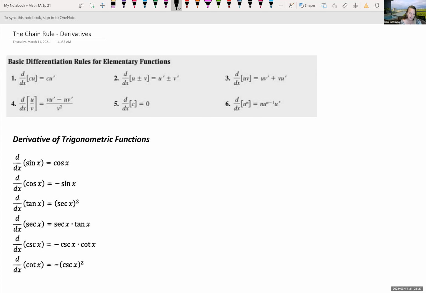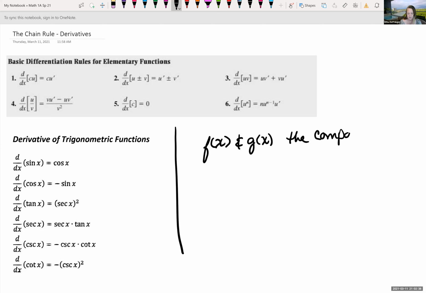If you have two functions, f of x and g of x, the composition of those two functions can be written in a couple of different ways.